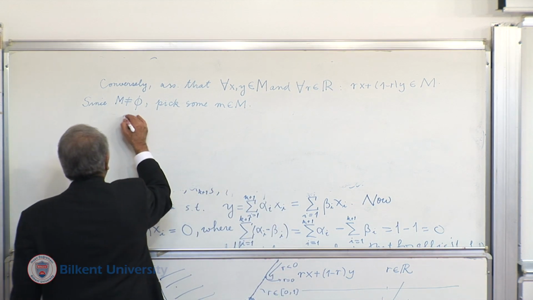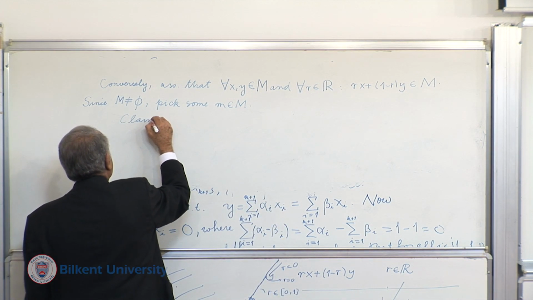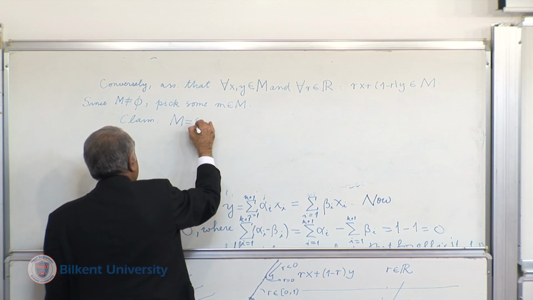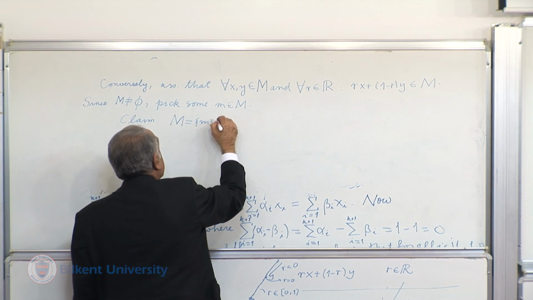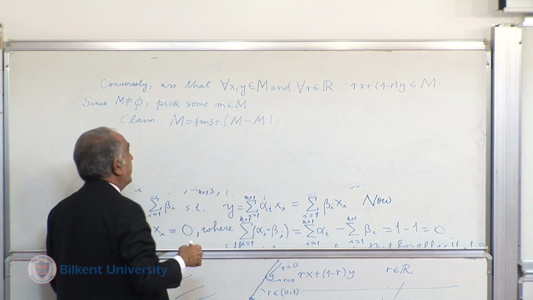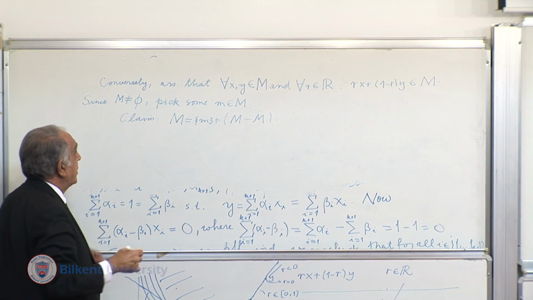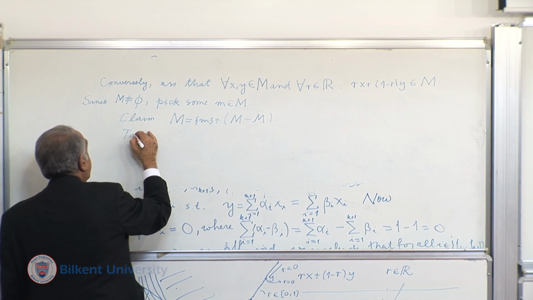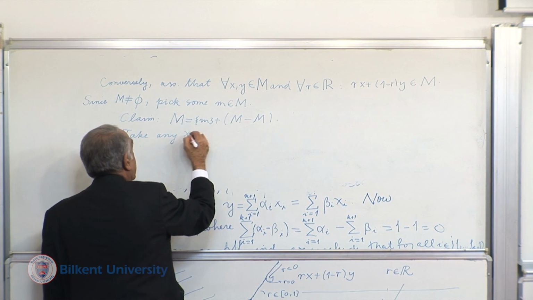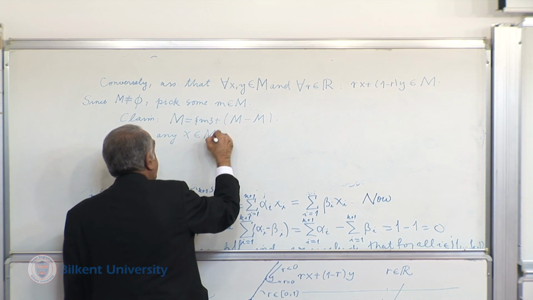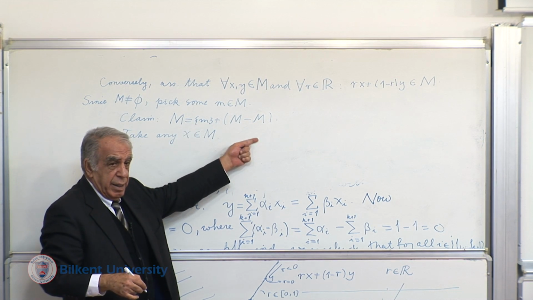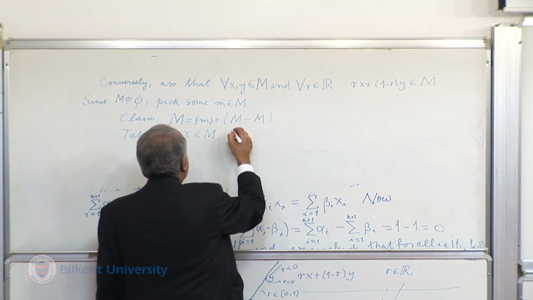Claim: M as a set is equal to this m we have taken plus this. So take any x in M. That should belong to this set. But that's easy.